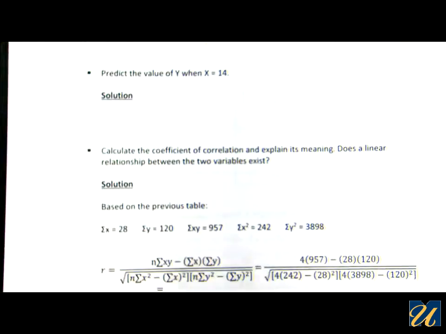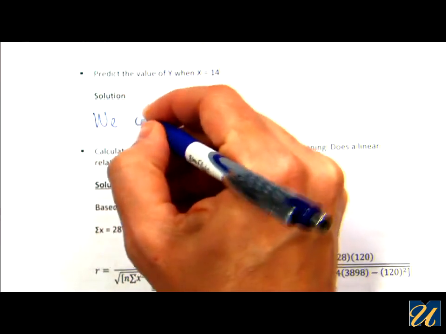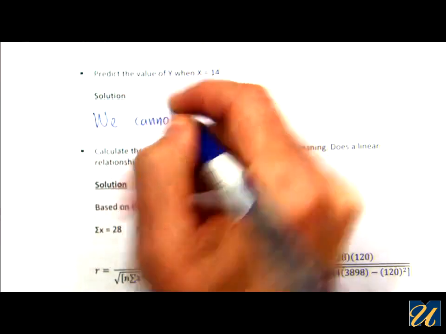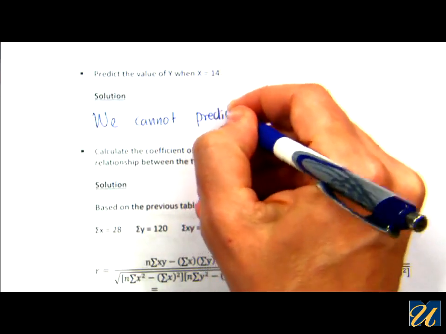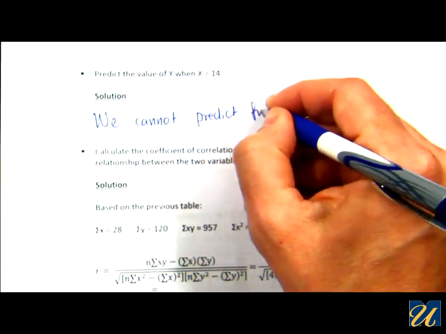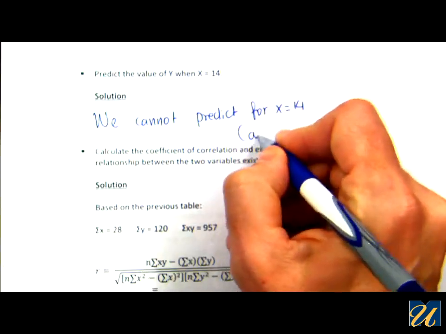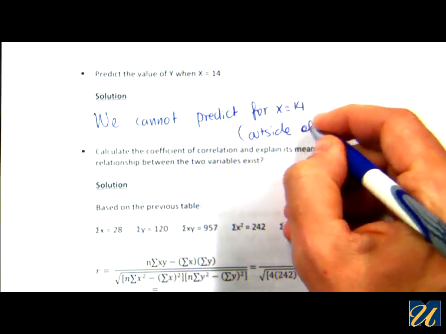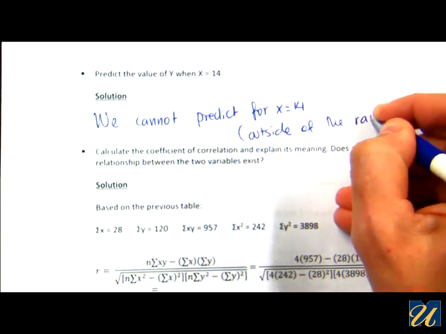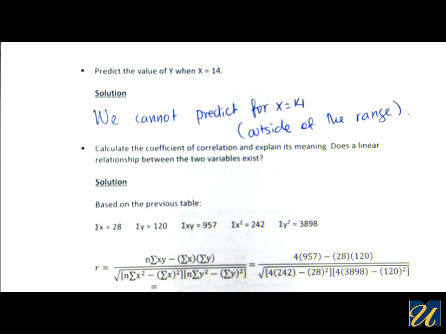Therefore, we cannot predict for x equals 14. It's outside the range. Outside of the range, x equals 14.